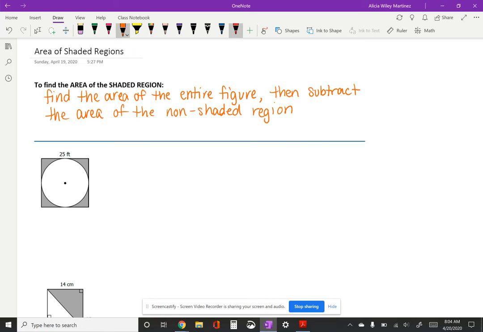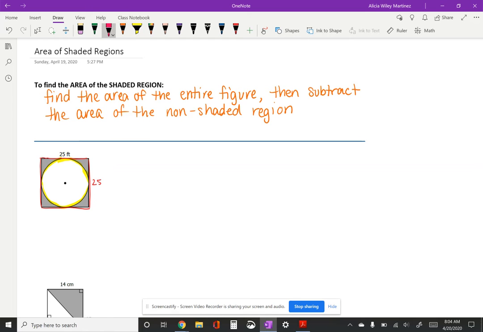So in number one, we can find the area of the full figure, which is a square. If that's 25, this side is also 25. We'll then find the area of this non-shaded region, which happens to be a circle, and then find the difference of those two.